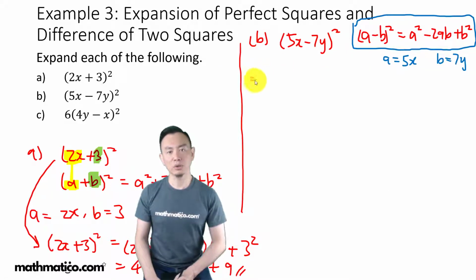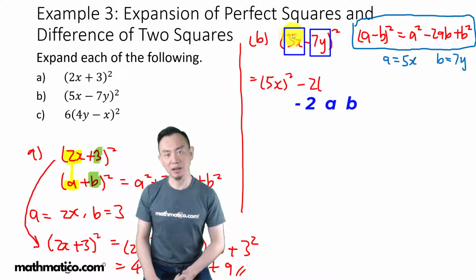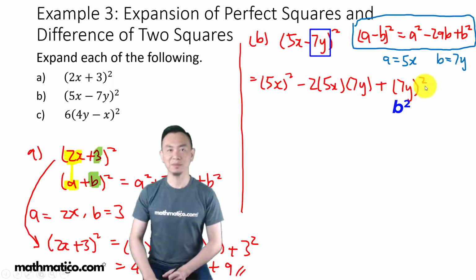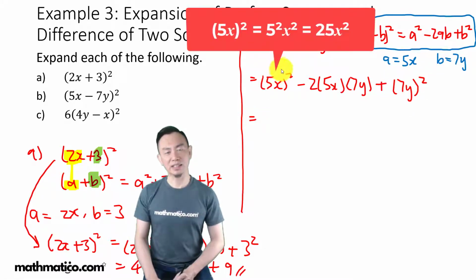And so you have a squared minus 2ab plus b squared, right? a is 5x, so you have (5x) squared minus 2ab. a is 5x, b is 7y, so I write side by side. They're going to be multiplied together. Plus b squared, so you have plus (7y) squared. Okay, so 5 gets the square, x gets the square.